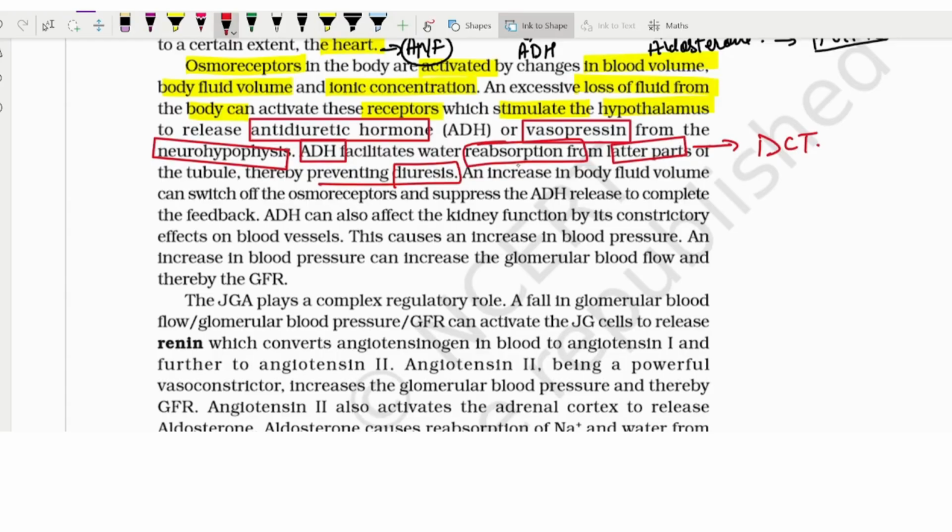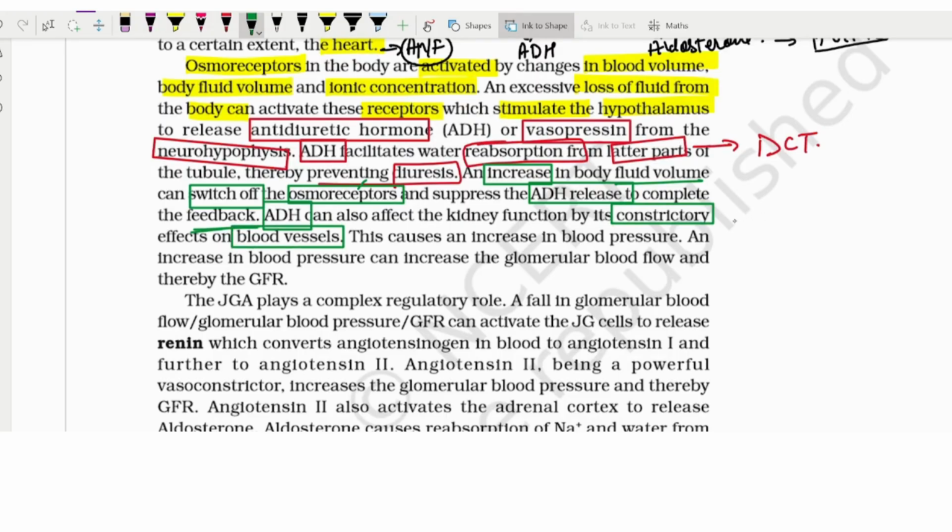And suppose there is an increase in the blood volume or body fluid volume, it will switch off the osmoreceptor. As the GFR will increase, it will cause the switch off of the osmoreceptor, and finally the ADH which was releasing will stop, to complete the feedback. Now ADH can also affect the kidney function by its constrictory effect on the blood vessel.